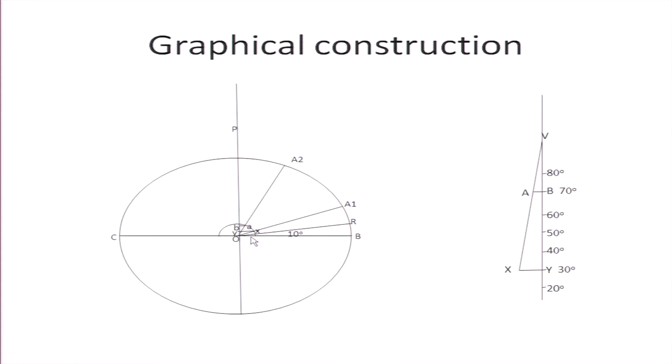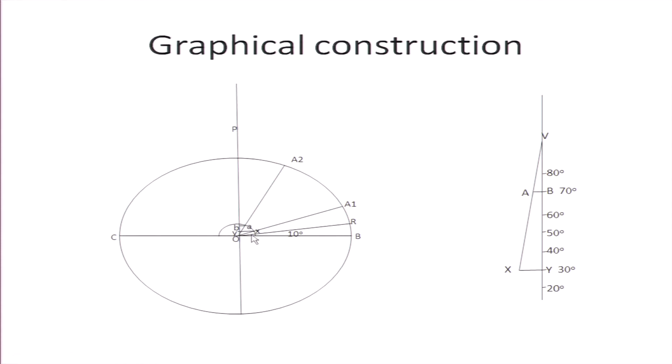With this arc we construct a semicircle with center O. We take this RB arc and construct a semicircle like this, and we draw two angles which represent the standard parallels, like angle A1OB equal to 30 degree north latitude and angle A2OB equal to 70 degree north latitude, which we have taken as standard parallels.